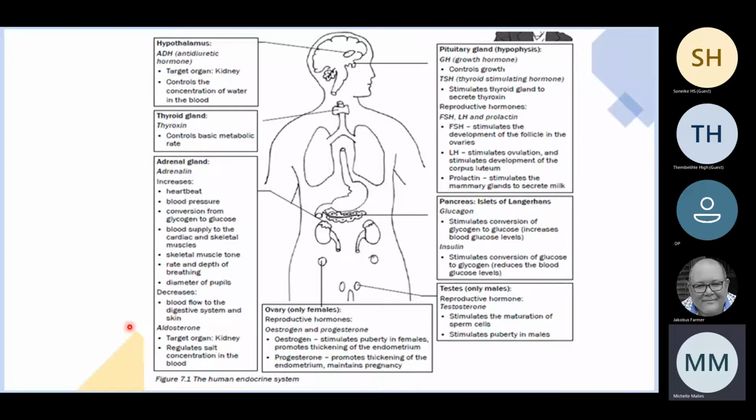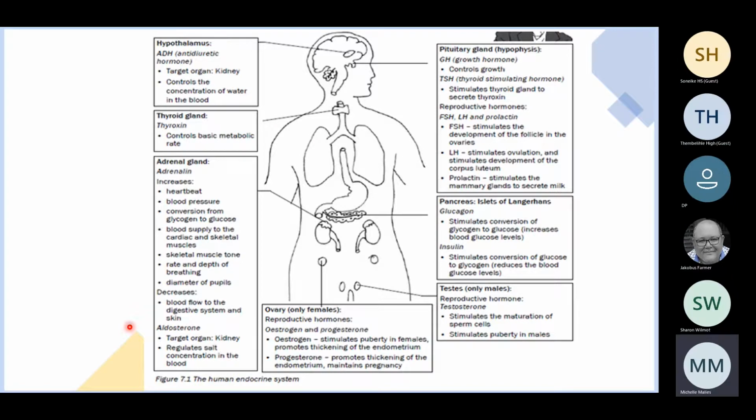Remember, earlier I said that you need to know the endocrine gland, the specific hormone, and to add to that, when we discuss negative feedback later on, also know which target organ, where this hormone goes to regulate a certain effect. So the hypothalamus, which is inside your brain, is the first gland we're going to look at.